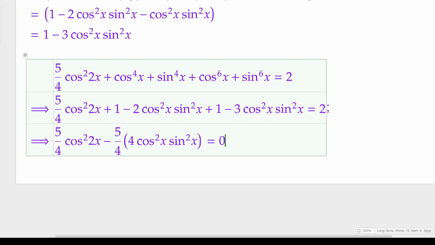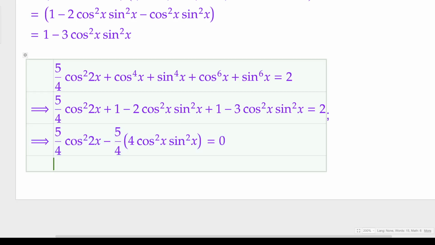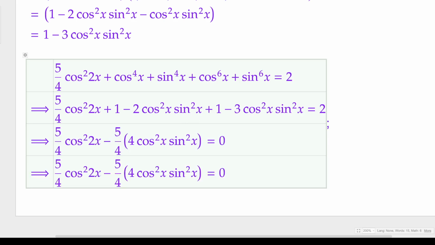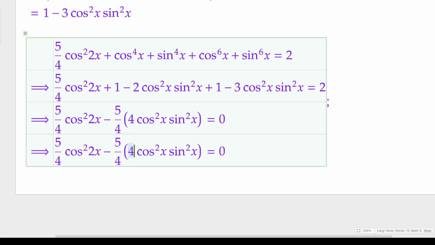And interestingly, you can clearly observe an identity getting applied over here. That is, this 4 can be written as 2 square. So this entire expression can be written as 2 times cos x times sin x, and this entire squared, which is nothing but sin 2x.